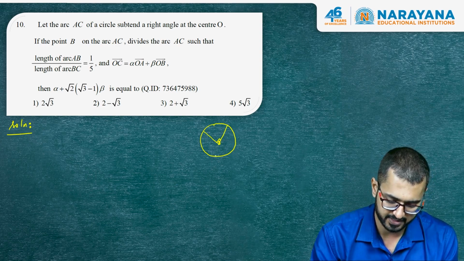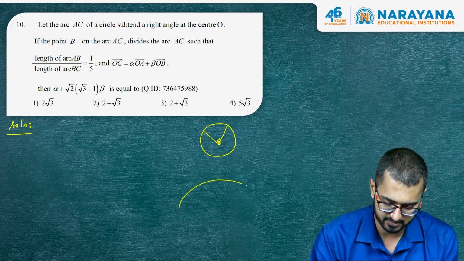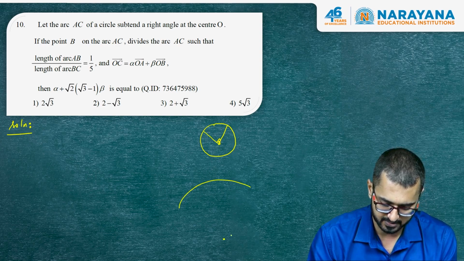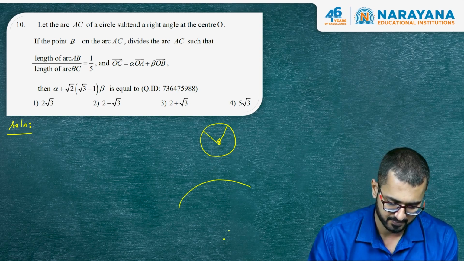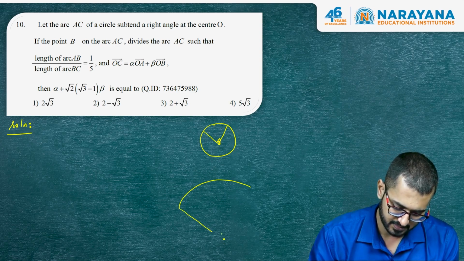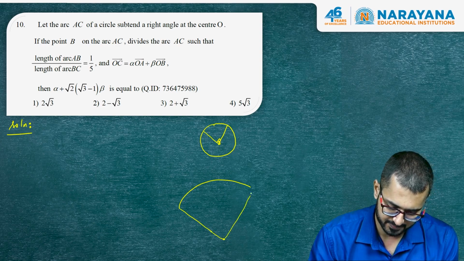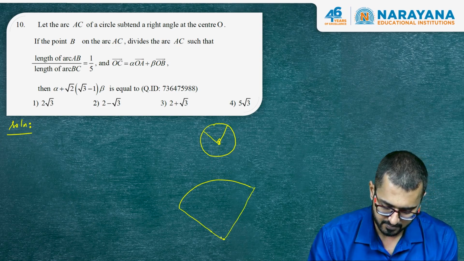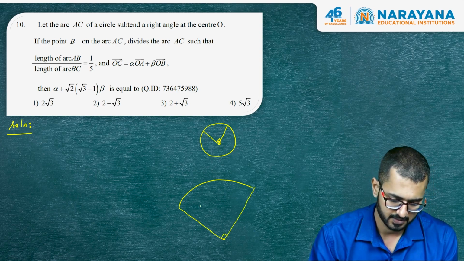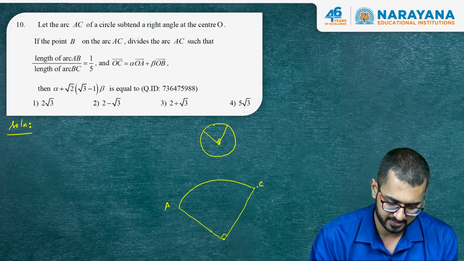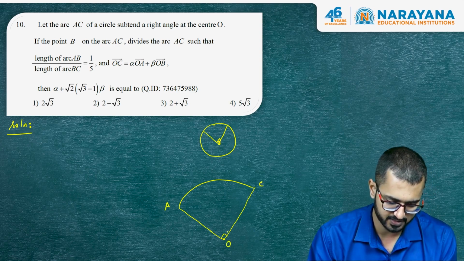I'll magnify the diagram. It's somewhat like this, and this happens to be my center, and it is perpendicular right here at this part. So it's my arc AC, and the center is given to be O.